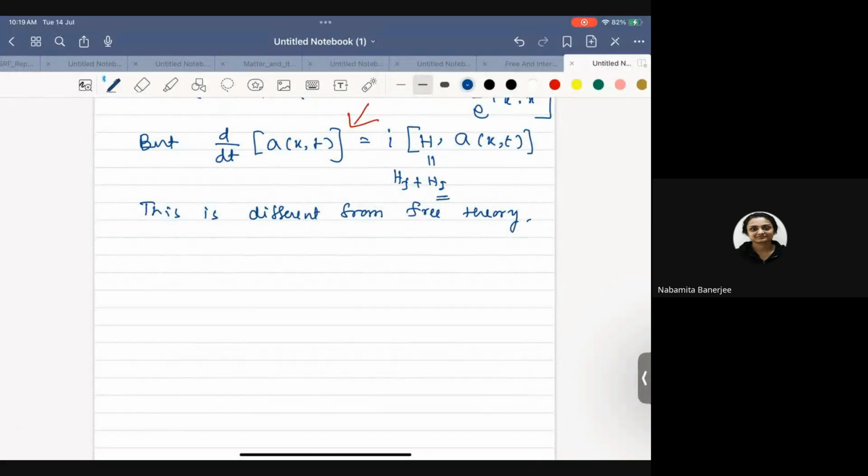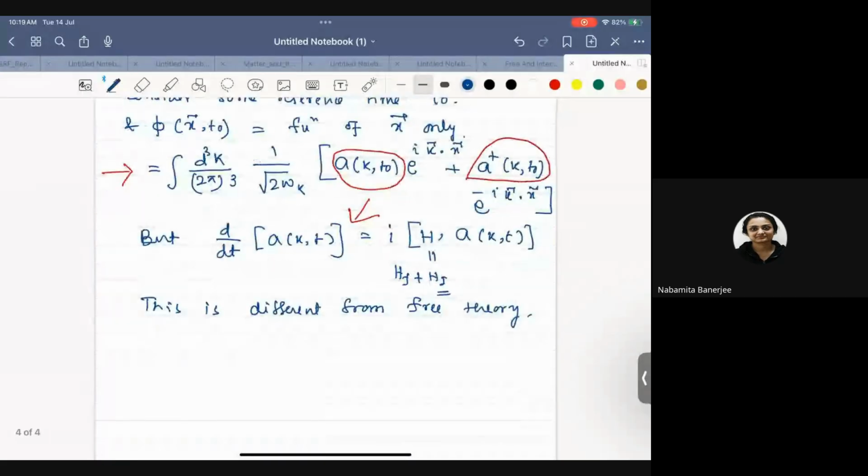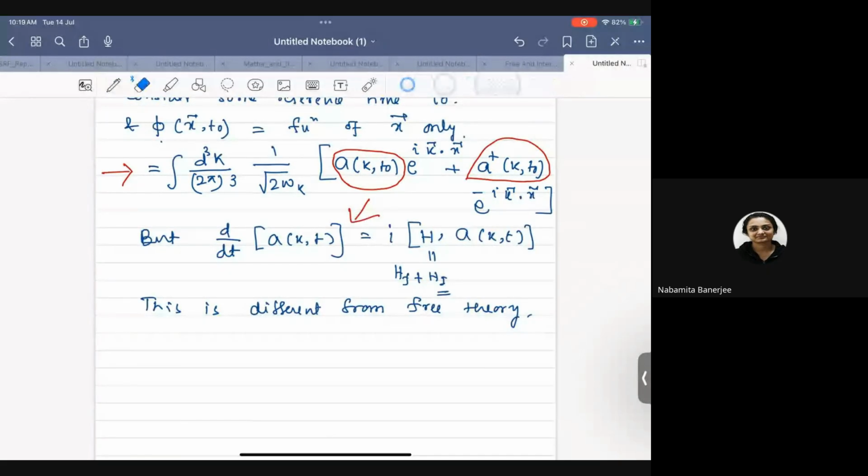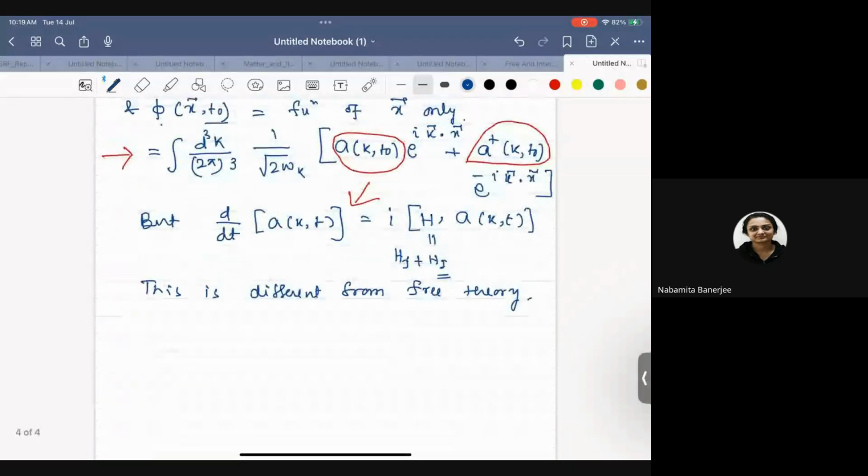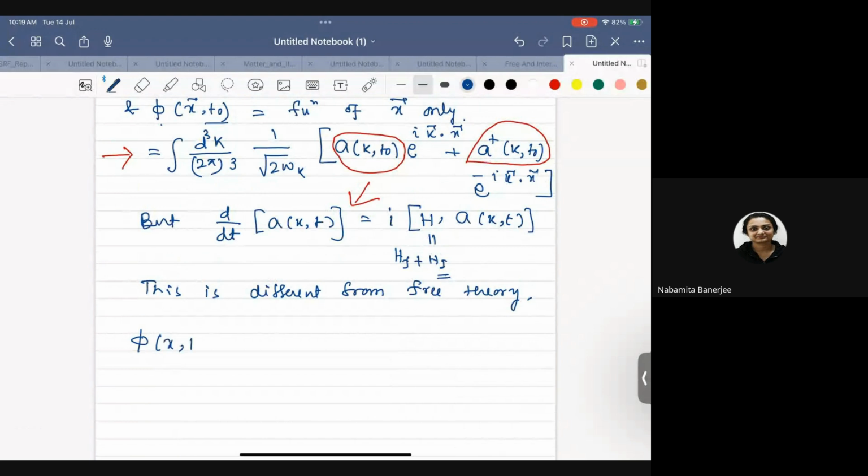Nevertheless, we are trying to understand how an operator is going to be a function of time. Here I have defined an operator for you at a fixed time t naught. But now if I ask you what this operator would be at any time t, you know that in the Heisenberg picture, I just have to time evolve it with respect to the full energy operator of my theory. And now I have explicitly kept that t naught.